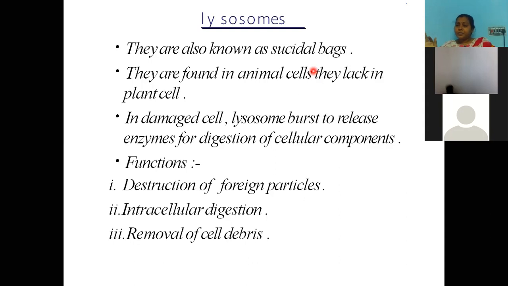That's it. Okay, after their lifetime they need to be destroyed, no? So in such damaged cells, cells whose lifespan is completed, what will happen? These lysosomes burst. Cells have lysosomes, no? These lysosomes release certain enzymes. So these are nothing but digestive enzymes.